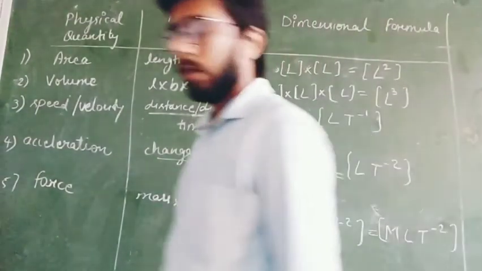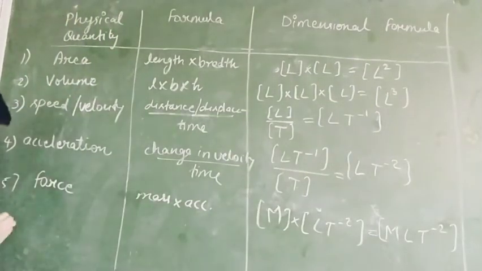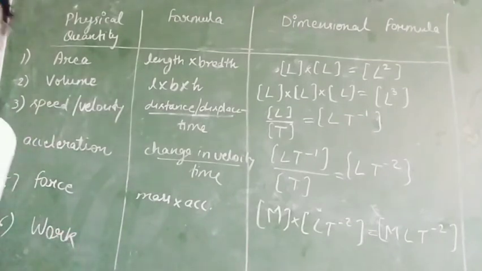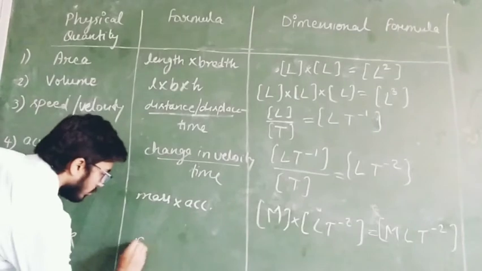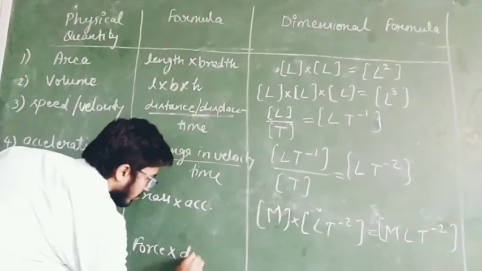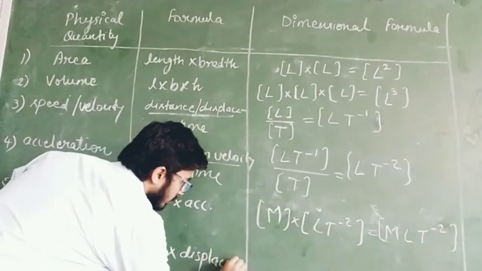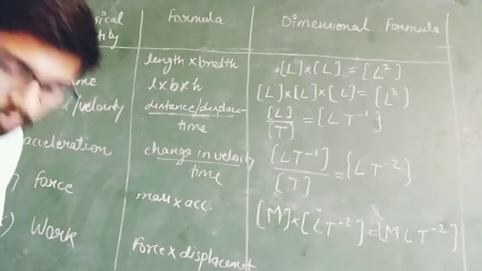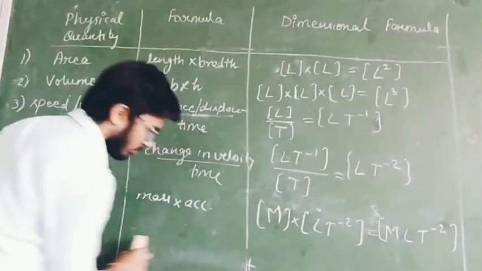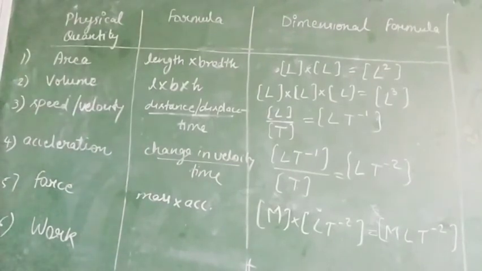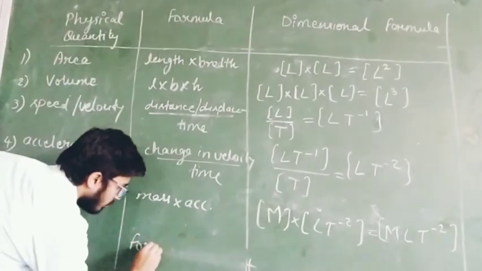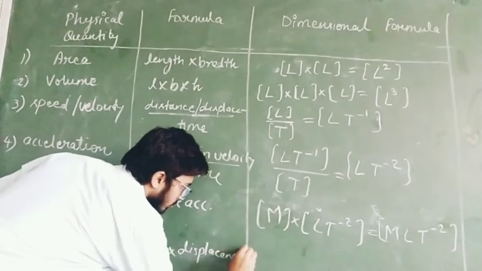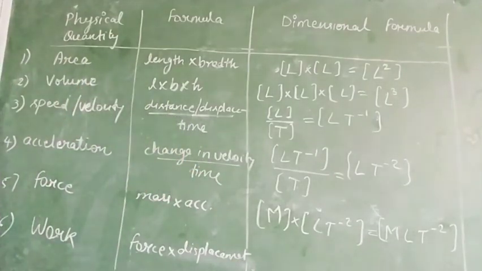Let's do one more. Sixth, work. Work W is equal to F into D, that means force into displacement.